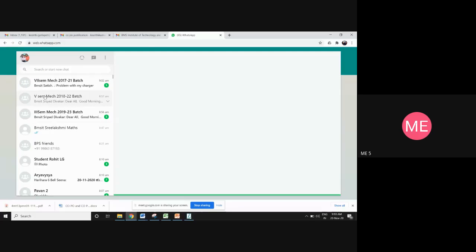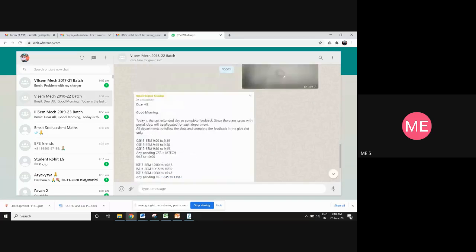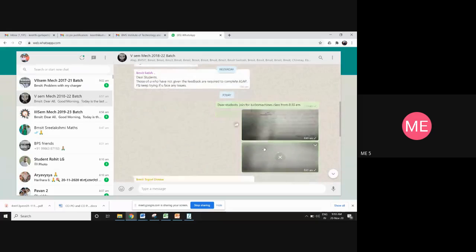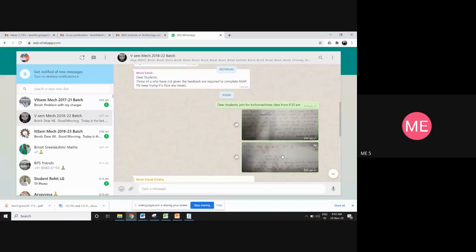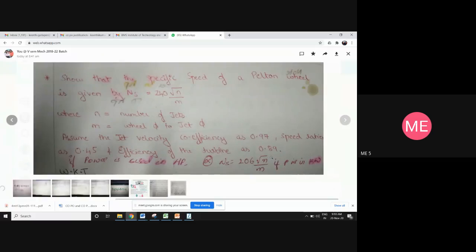Show that the specific speed of a Pelton wheel is given by... yeah, you can see here.